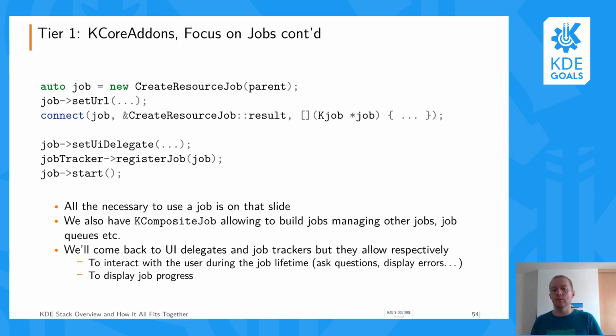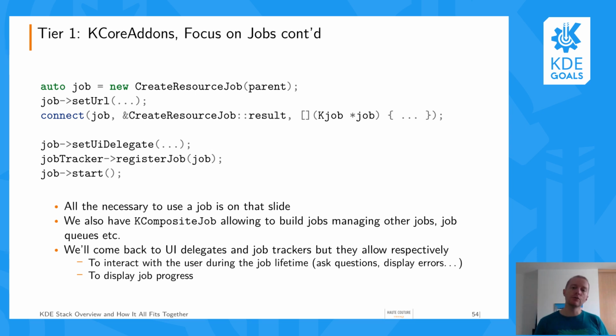That's actually something which is a job tracker. You have a long copy inside of Dolphin, and you see the progress in the taskbar. Well, there's actually a job tracker which talks to the taskbar to actually display that. So that's the kind of stuff we have. And then once my job is ready and wired to everything I need, I start the job.